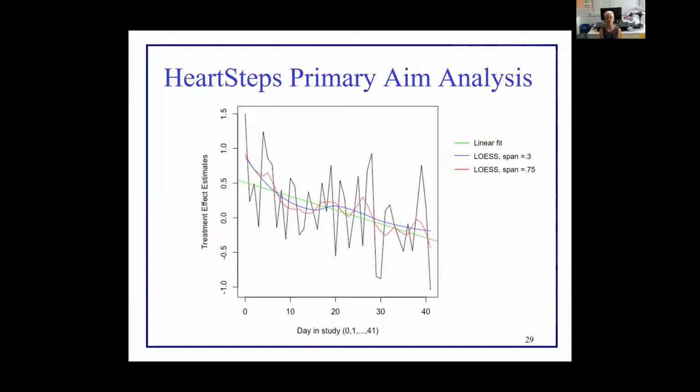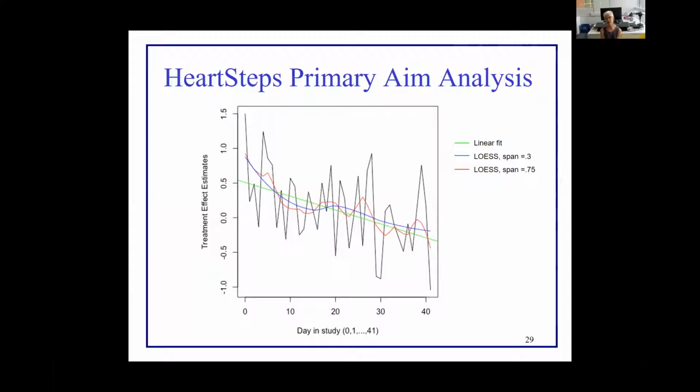And then you see different, what are called lowess estimators, smoothed estimators of the trend, depending on how much you smooth it. If you smooth a lot, you get the blue, a little less, you get the red, and you can really see that decreasing trend.